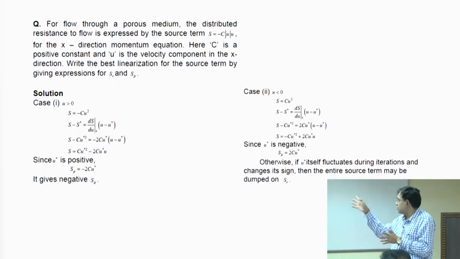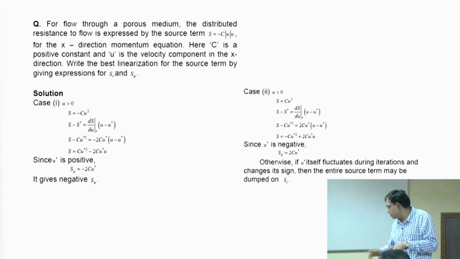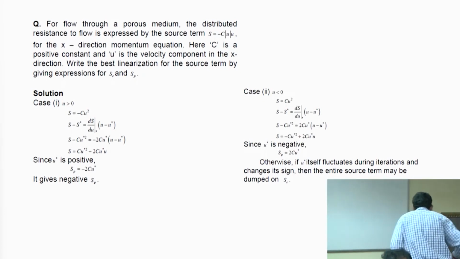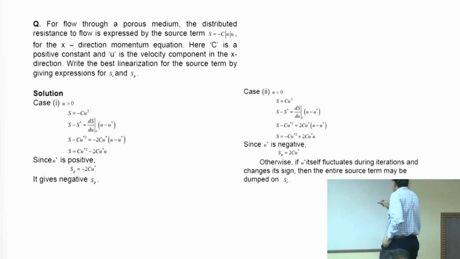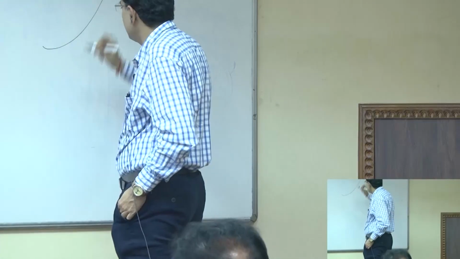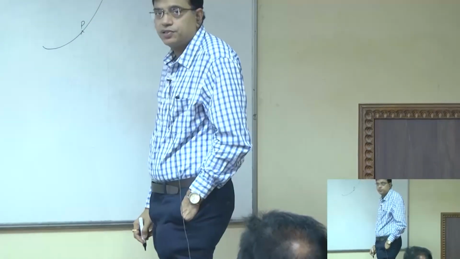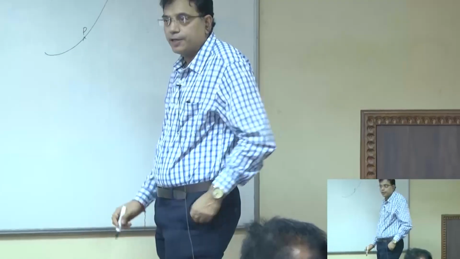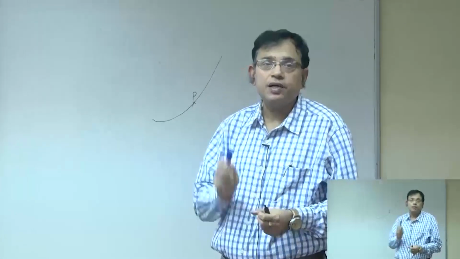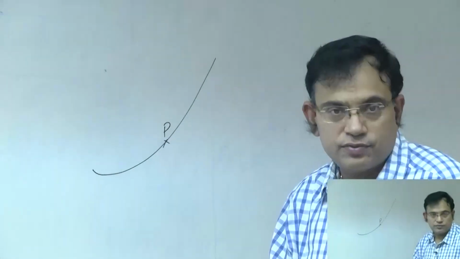So, this is the solution I have outlined here, very simple. What you have to keep in mind, and this I am just telling you as the principle behind this, is that you have a graph and you want to linearize it at a point, let us say the point P. What is the best linear representation of any non-linear graph?